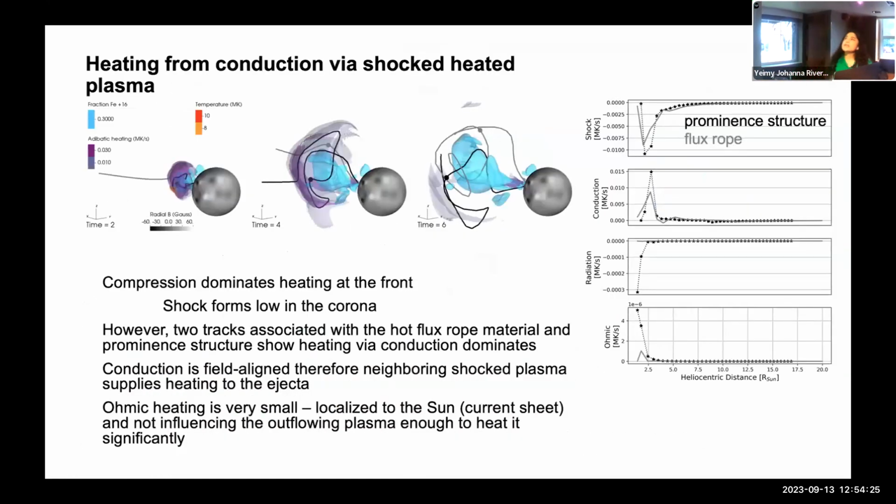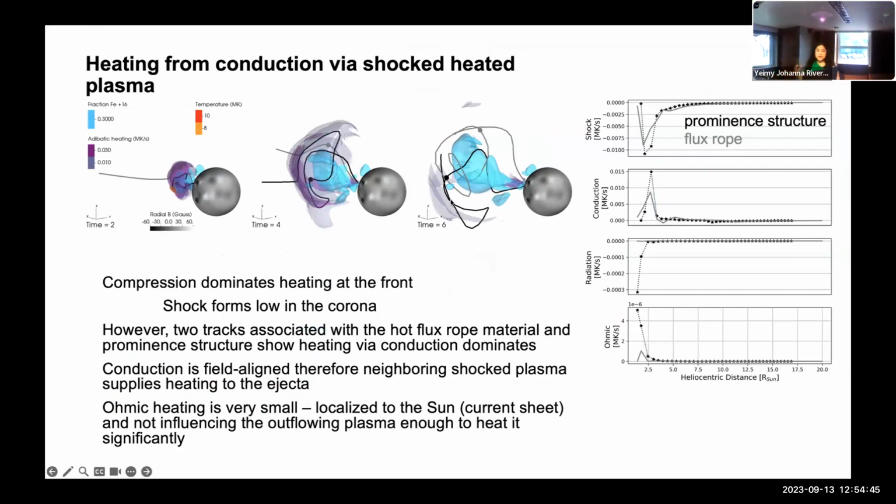And then the last thing that I wanted to say was that the heating that we observe in these two structures is coming from field line conduction via the heated plasma in the front. So we see this huge acceleration of the plasma. We form a shock. The speed of the plasma quickly exceeds the Alfvén speed, forming a shock very low in the corona.